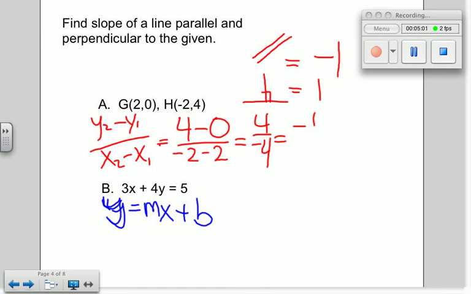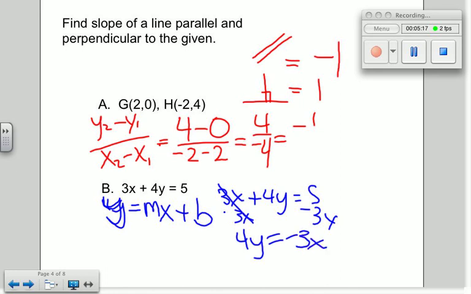We want to move the 3x to the other side, so we subtract 3x from both sides. We're left with 4y equals negative 3x plus 5. We need to get y by itself, so we divide both sides by 4. So our equation for this line is y equals negative 3/4 x plus 5/4.